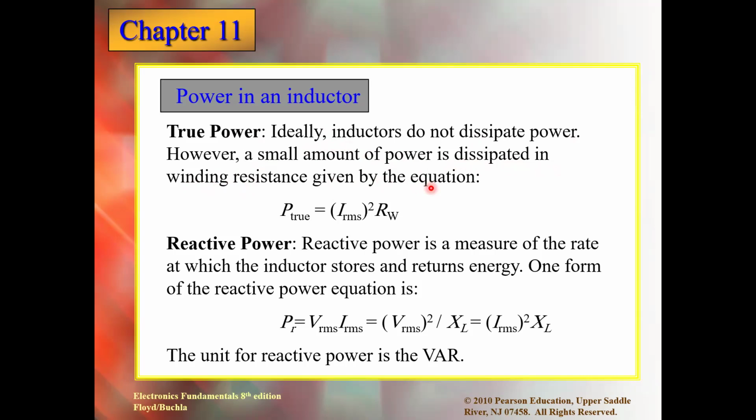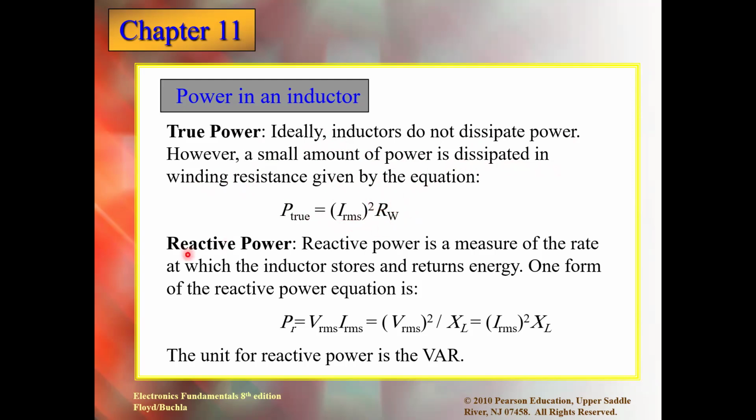However, because there is a long wire and we make a coil, a helix, a small winding resistance is created, and there will be a small true power, which can be calculated as IRMS square into RW. So RW is the winding resistance.